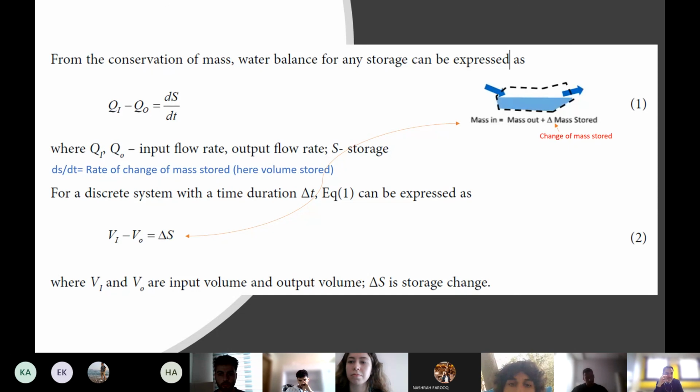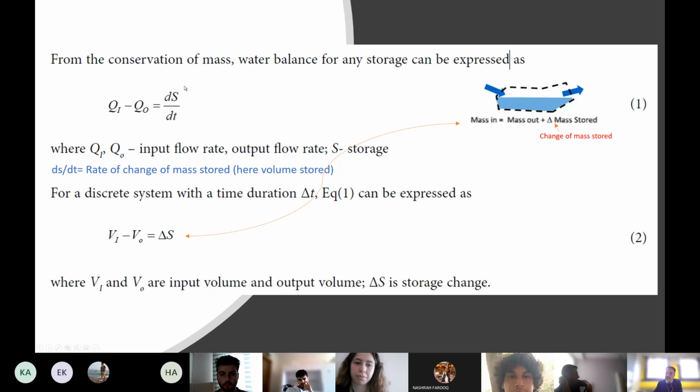What does it mean? It means storage is constant. Therefore, delta S over delta t should be 0. The delta S is the change in the storage, and no change, not constant, means 0.